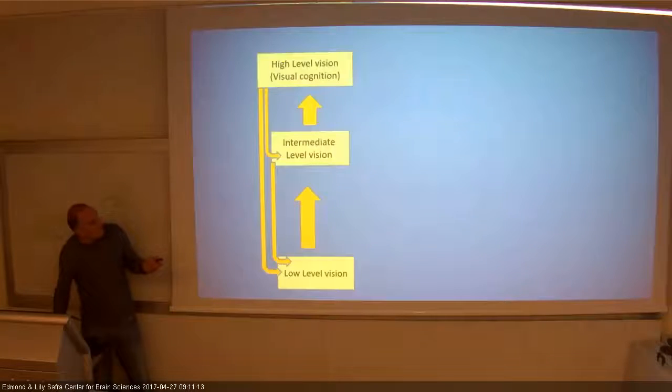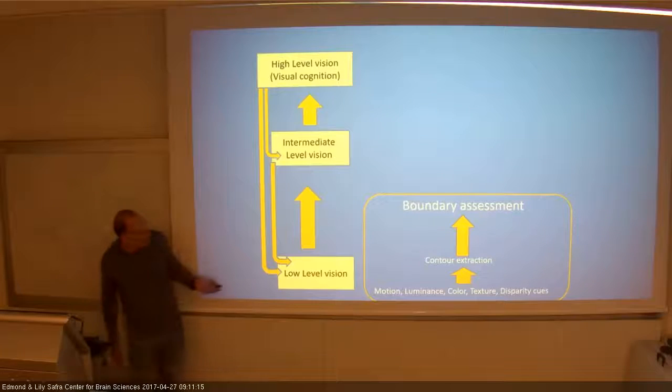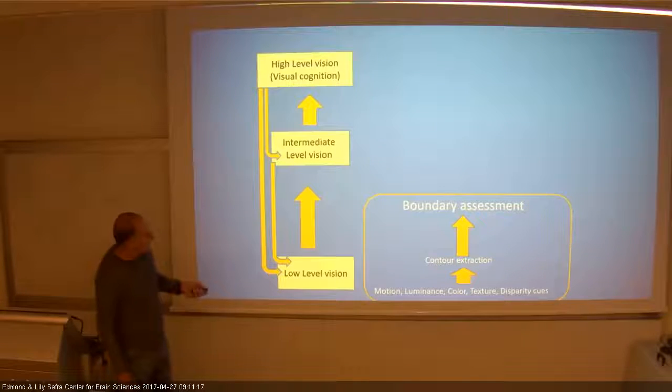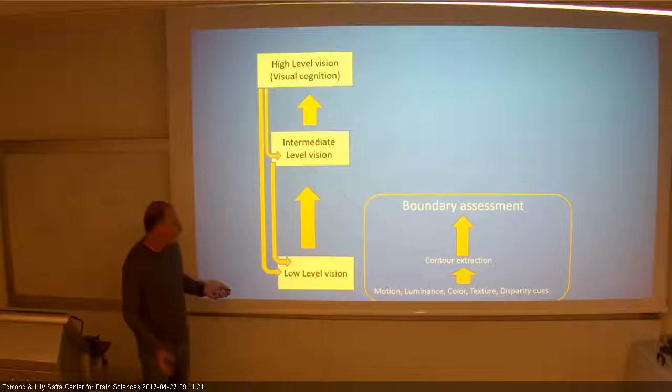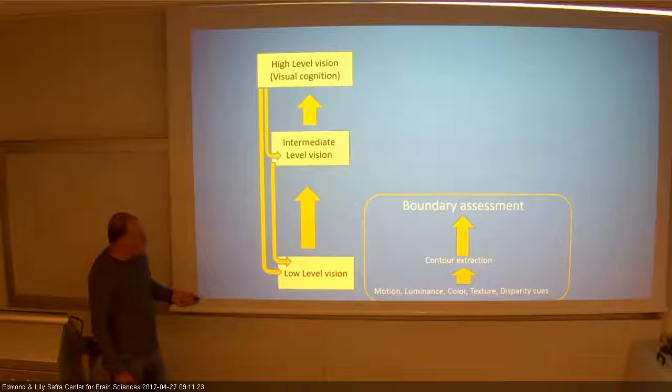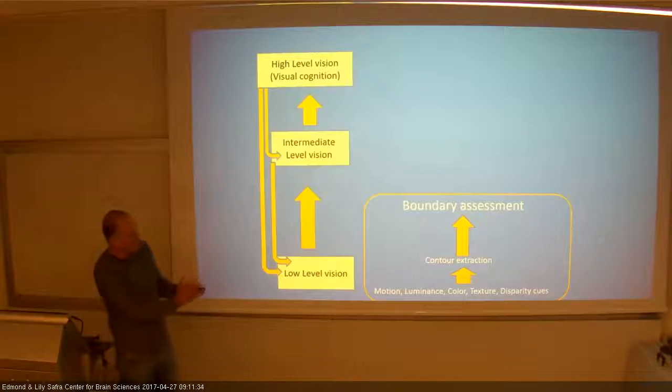So I want us to think about this in terms of levels of vision. The initial level of vision, which is somewhat related to V1, is that you have different cues, such as motion cues and luminance-defined cues and so on, in which you extract contours, okay? And you do something about boundary assessment.